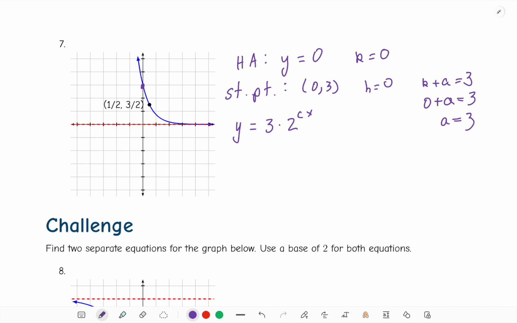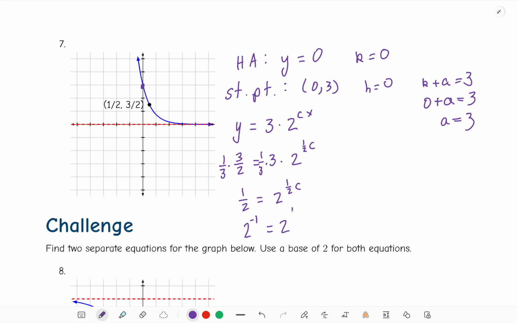Now I'm going to use that fraction point it gave us, so we get 3/2 equals 3 times 2 to the 1/2 c. Multiply both sides by a third, so you get 1/2 equals 2 to the 1/2 c. 1/2 is the same thing as 2 to the negative 1.